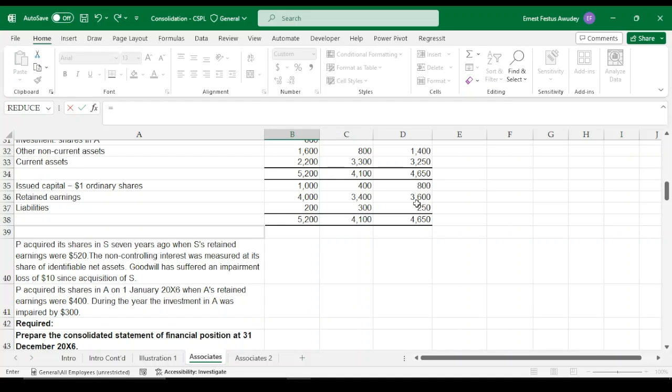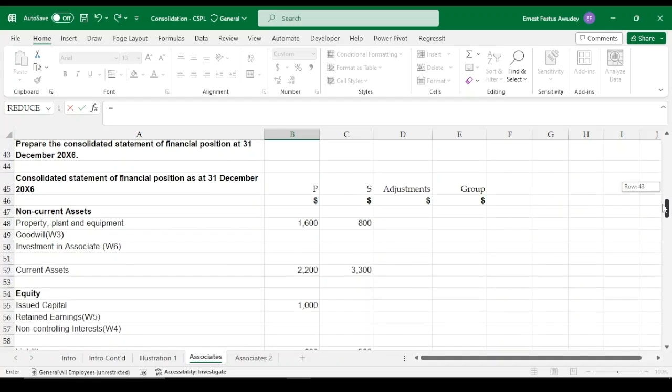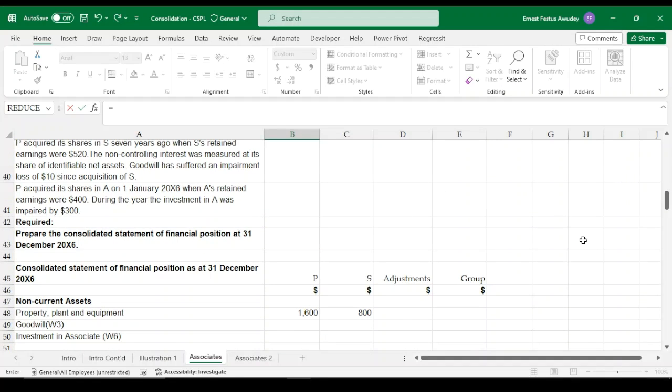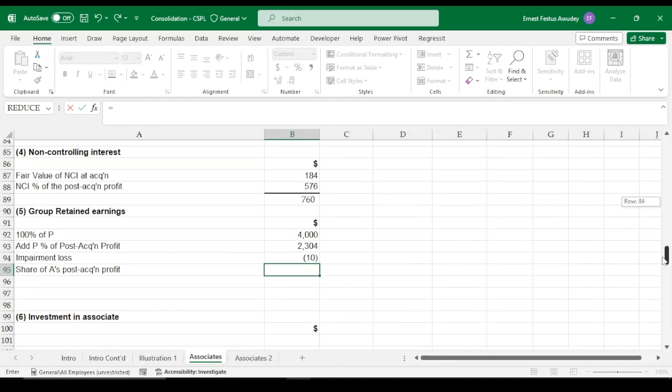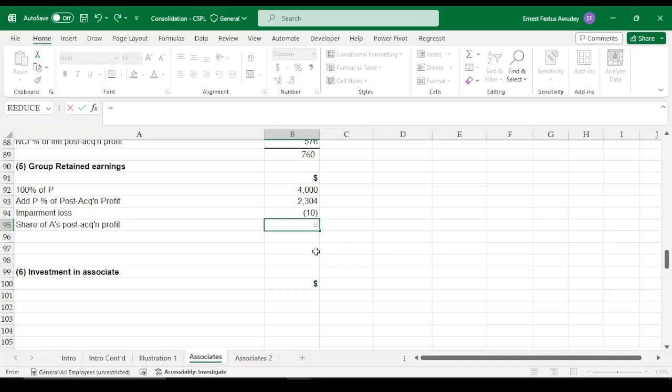3,600. So to get our post-acquisition profit, or the profit that we realized between the time we bought the associates and the reporting date, we are going to take the figure at the reporting date and subtract the amount at the acquisition date, which is 400. And then we are going to multiply the result by the parent's shareholding within the associates. So we have 3,600, which is the retained earnings of the associates at the reporting date.